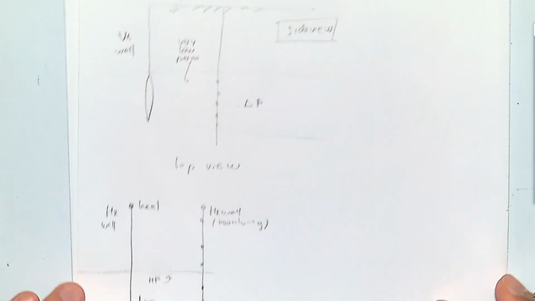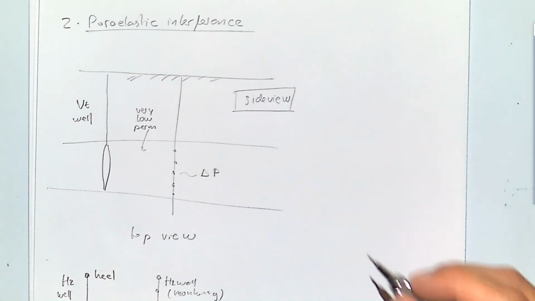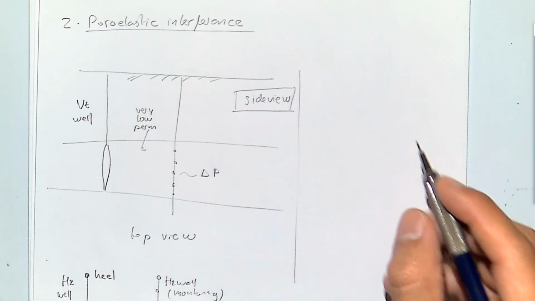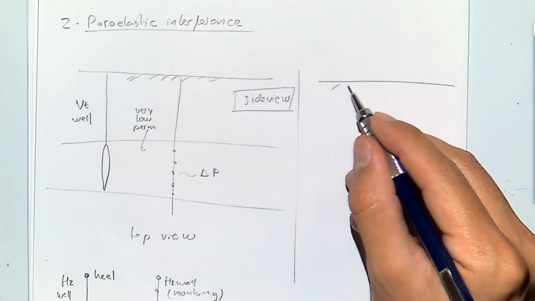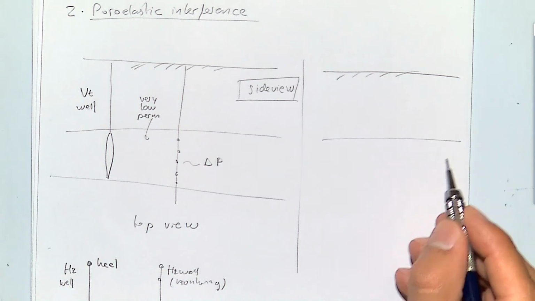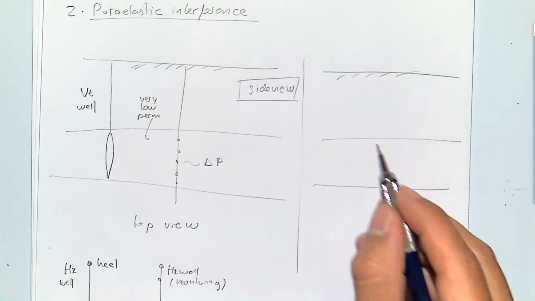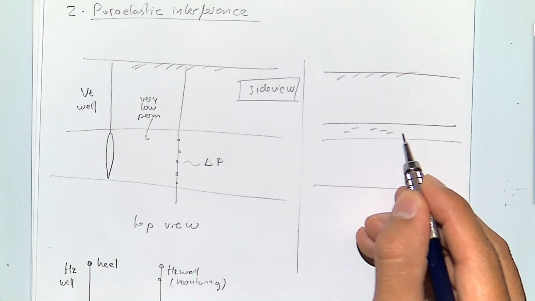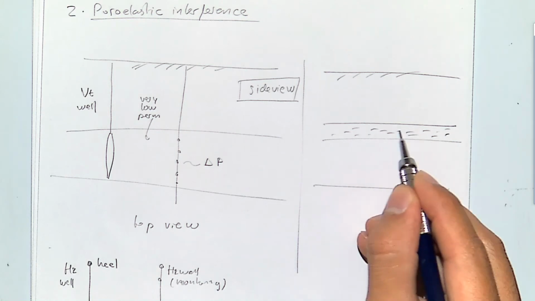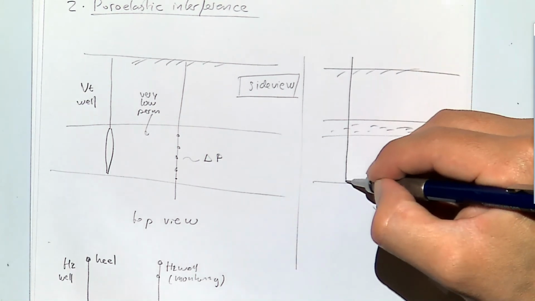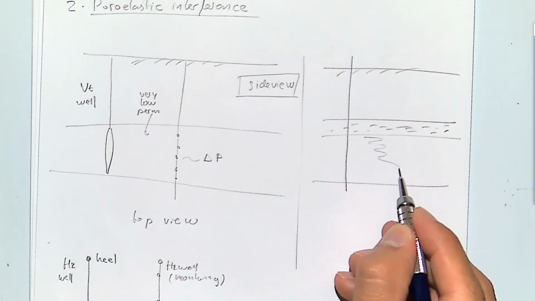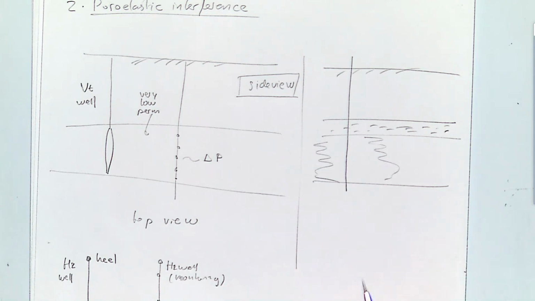Okay, and the other example could be similar to this, but now let's say that you have a cap rock, and here you're injecting a fluid without any fracturing.